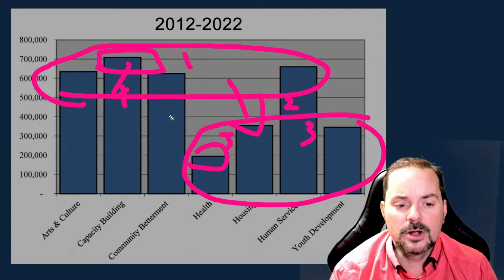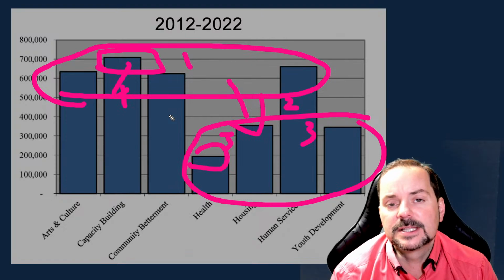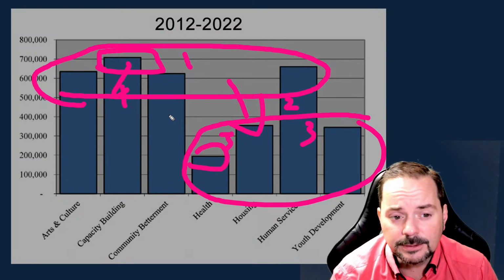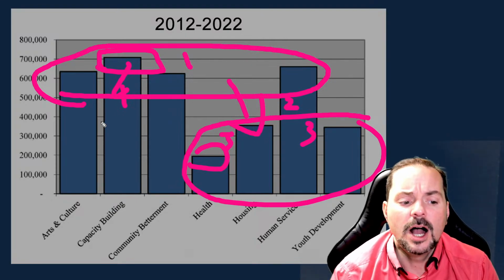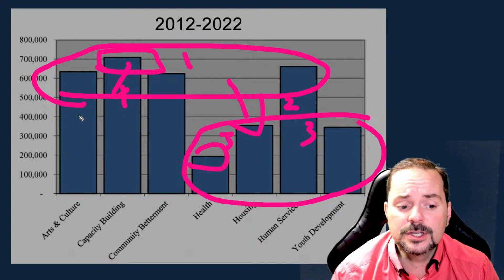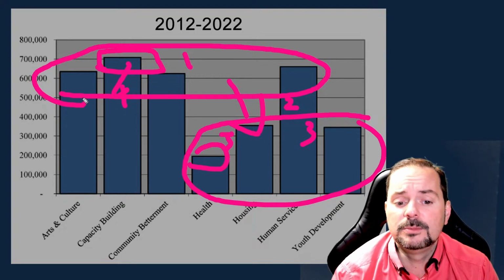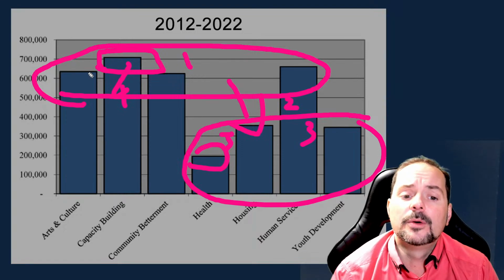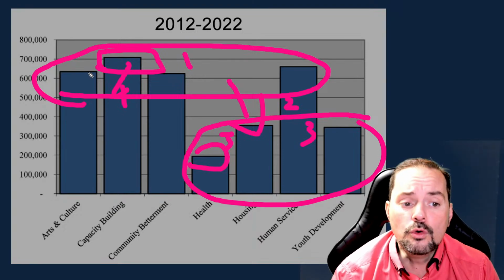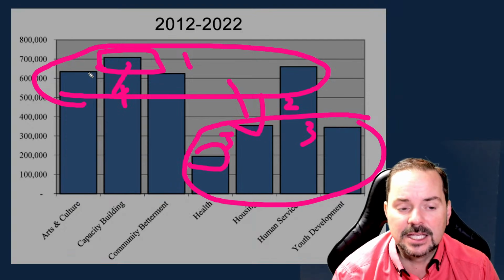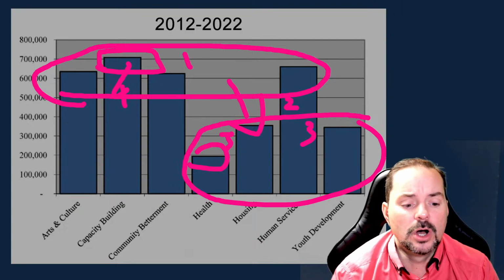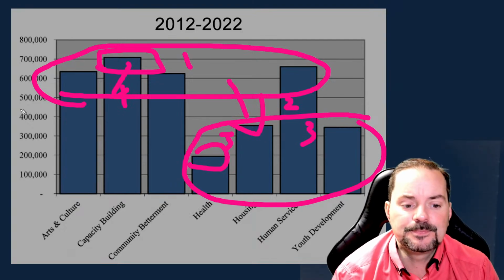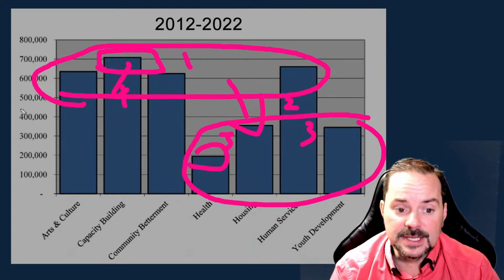Okay, I'm not going to go first, second, third, fourth, because that's going to be kind of confusing. So I'm going to explain that arts and culture, capacity building, community betterment, and human services received over $600,000 USD. Okay, once you have the dollars, then you can say USD in these 10 years.